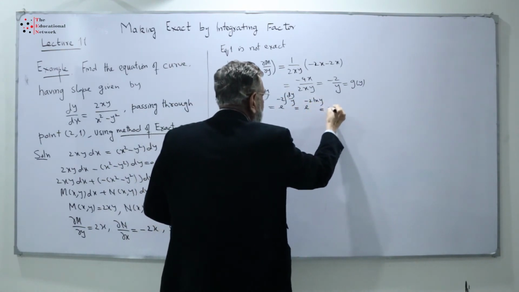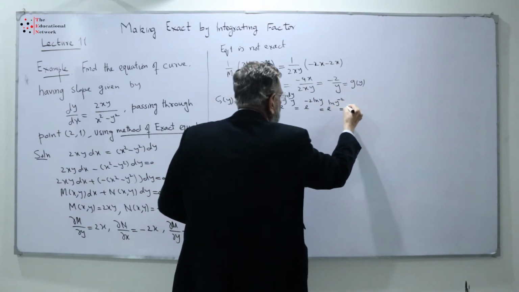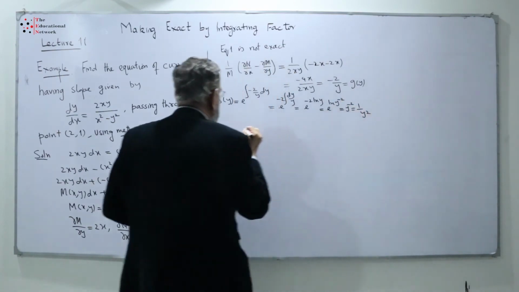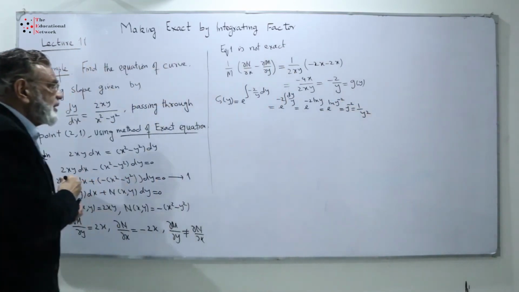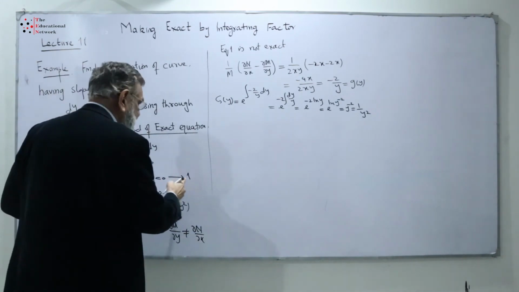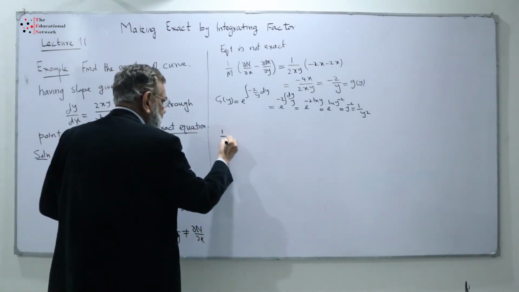I will get here e to the power ln of y to the power minus 2. e and ln cancel, we get y to the power minus 2. This 1 upon y² is my integrating factor. So what I do, I multiply this equation by the integrating factor to make it exact. Multiplying equation 1 with the integrating factor, we get here 1 upon y².